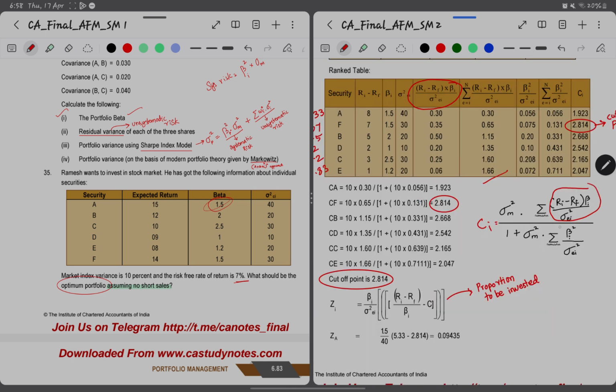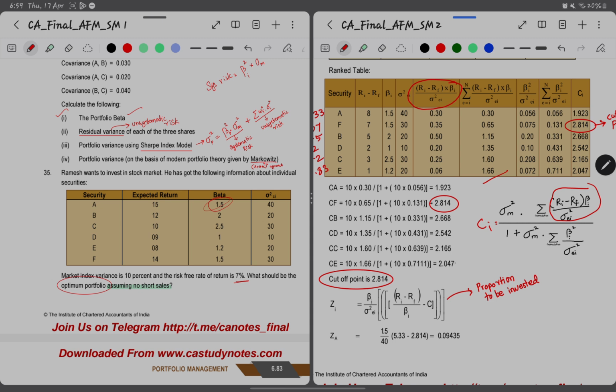Applying this formula, we have the market index variance as 10%. So 10% multiplied by the cumulative value which we got, 0.3, divided by 1 plus 10 into 0.56 which we got, will give us these values: 1.93, 2.814, 2.668, like this.